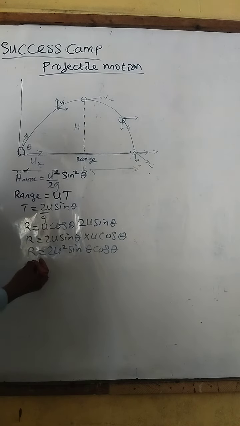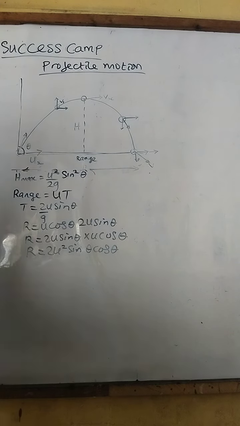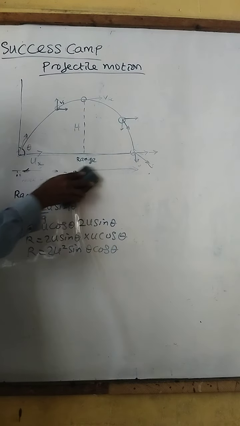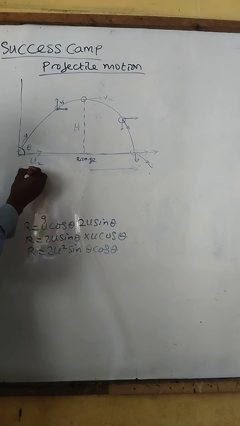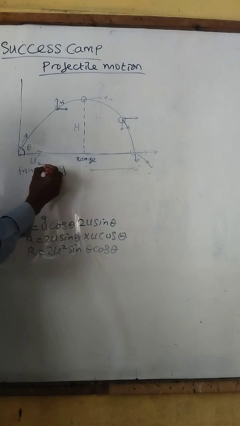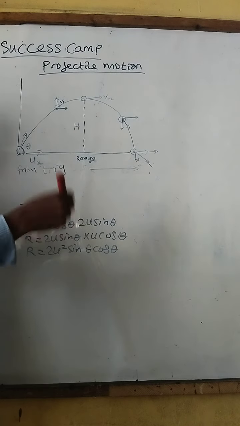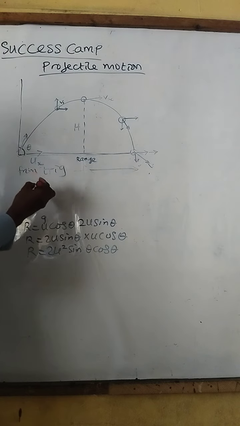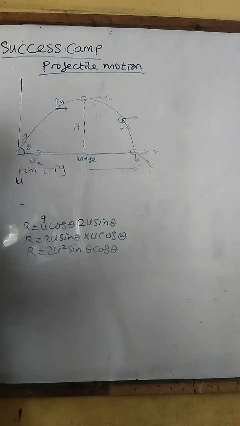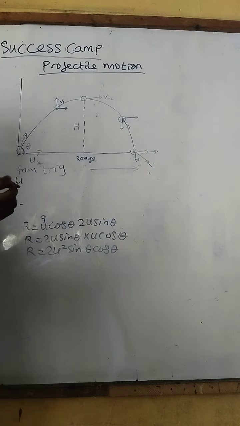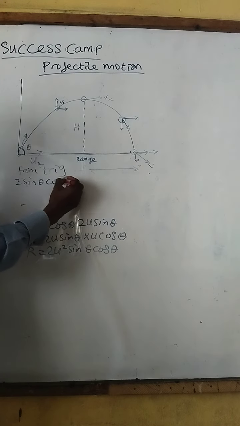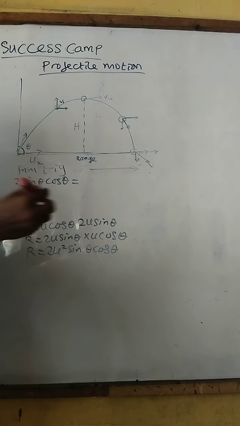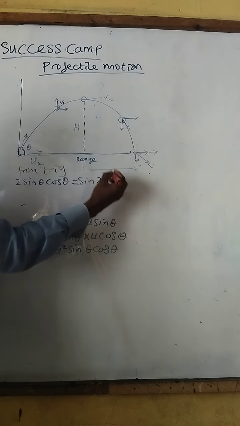And so now you remember that from trig. Let me clean it. From trig, we will recall that 2 sine theta cos theta is equal to sine 2 theta.